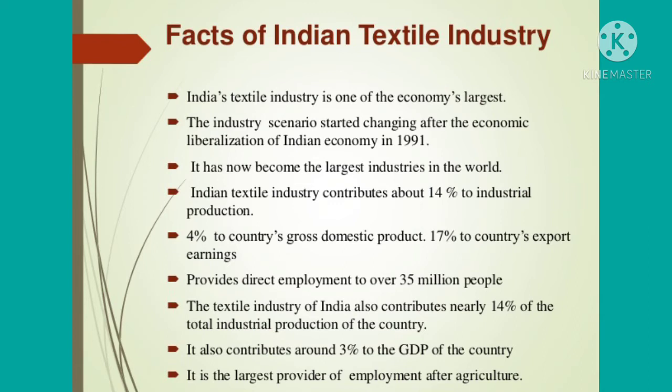Generally, this industry is established close to raw materials. Some of the major players in the textile industry in India are Arvind Mill, Raymond, Reliance, Bombay Dyeing, and Welspun. These are all textile companies.